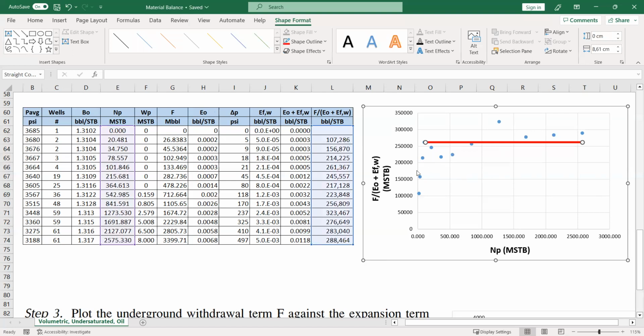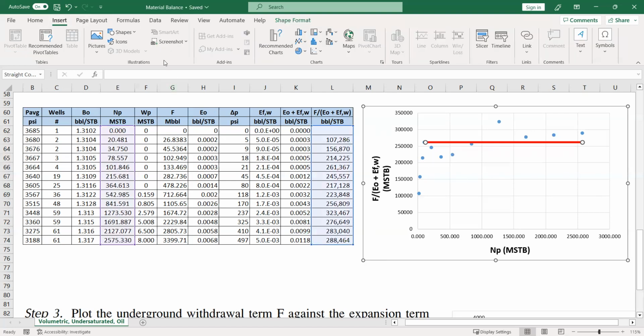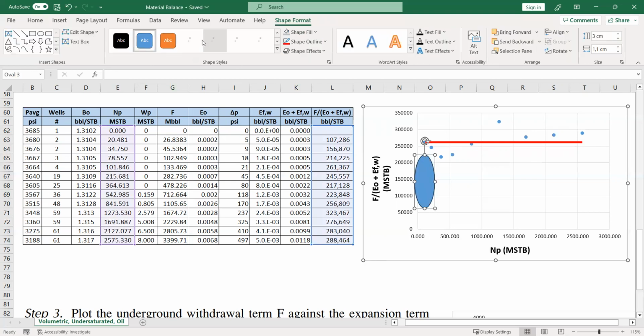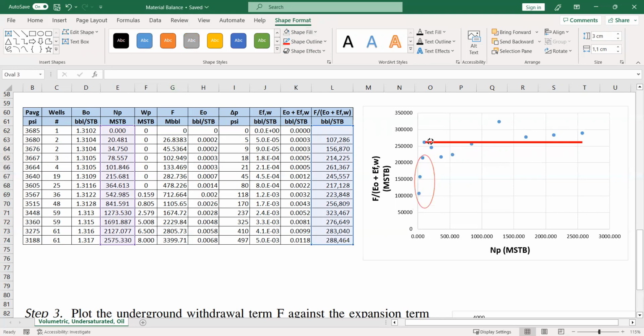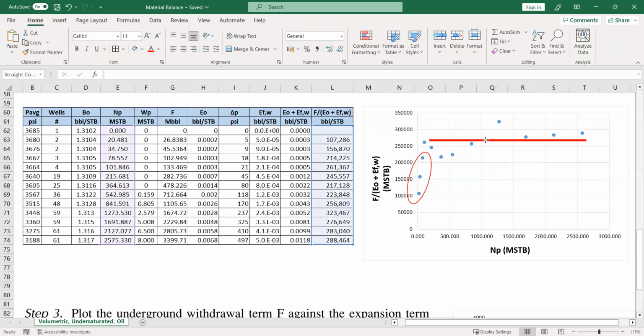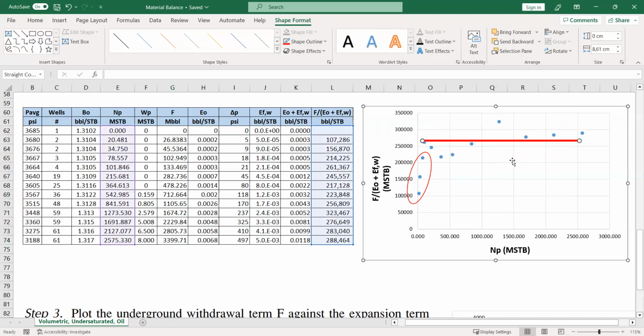I can make a note here to neglect this part for this diagnostic. And I'm emphasizing this horizontal part. And qualitatively speaking, I can infer that it's horizontal rather than curved.